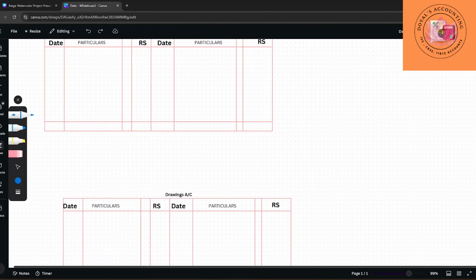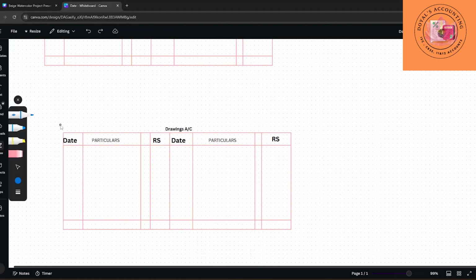Debit, credit, drawings account, debit, 25th April to cash account, 500.